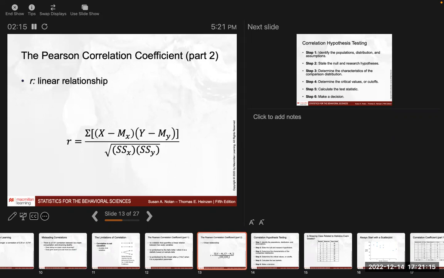So what's the denominator? The denominator is the sum of squares. The sum of squares is the deviation squared and summed. So this is basically on the pathway to variability.